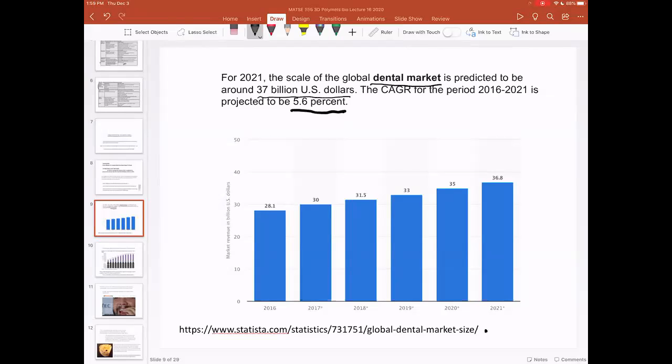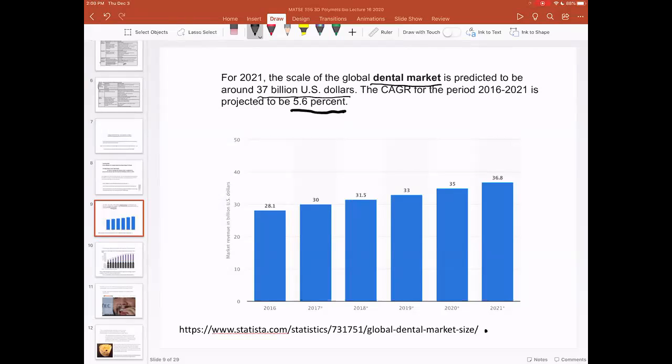I've been avoiding the dentist in the last 6 months, but that will eventually go back to normal. But anyway, $37 billion is a big market. So if dental can capture part of that, that is all of a sudden billions of dollars.